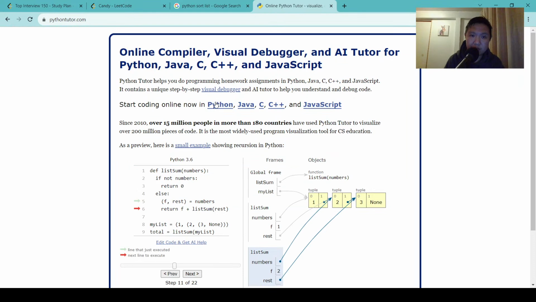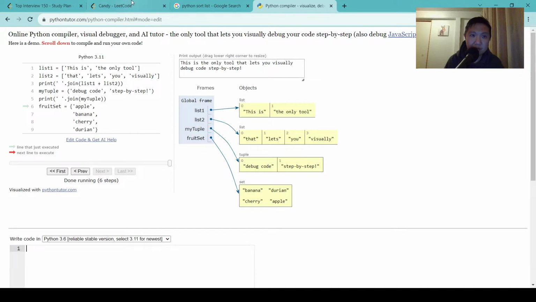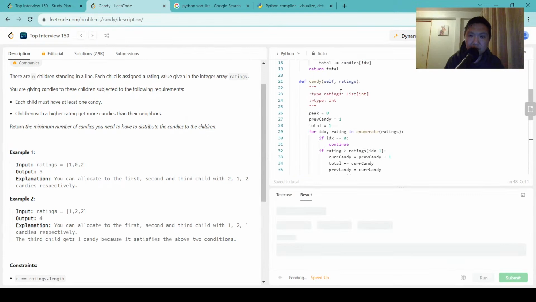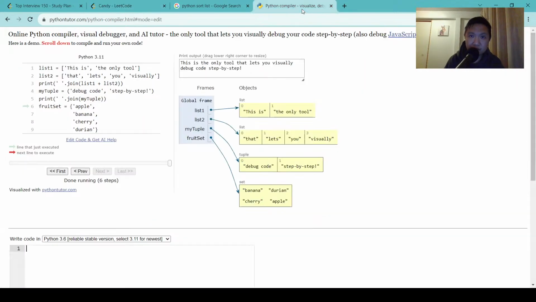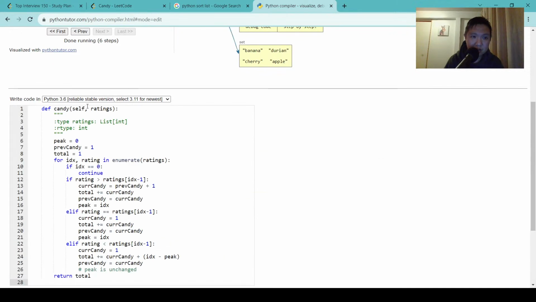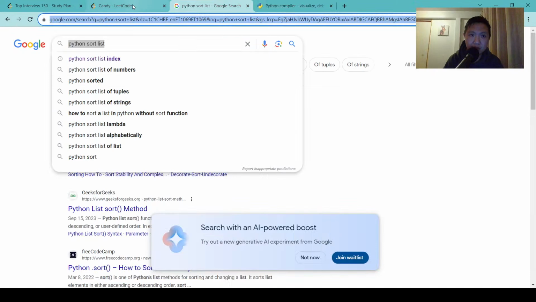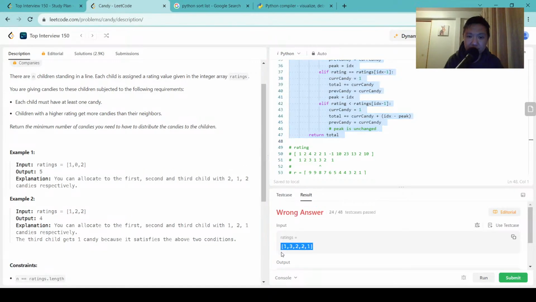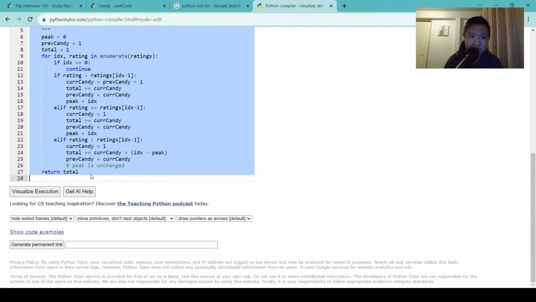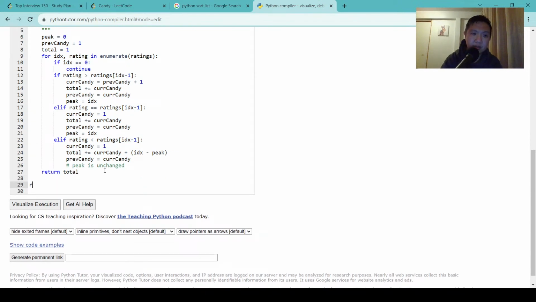Let's go back to our trusty visual debugger. Okay. Let's take candy, rating self. Just ratings and no self, because we're selfless like that. We're gonna print candy.